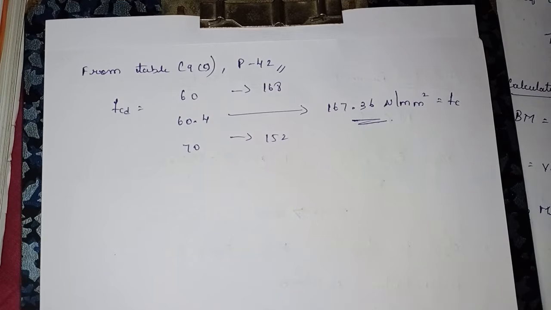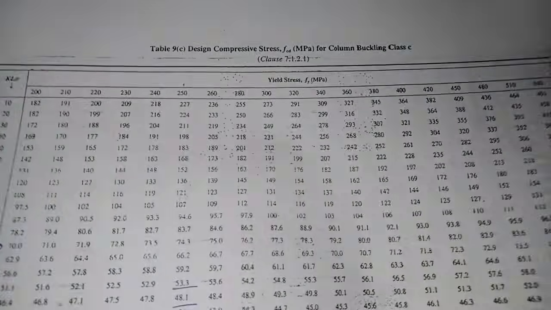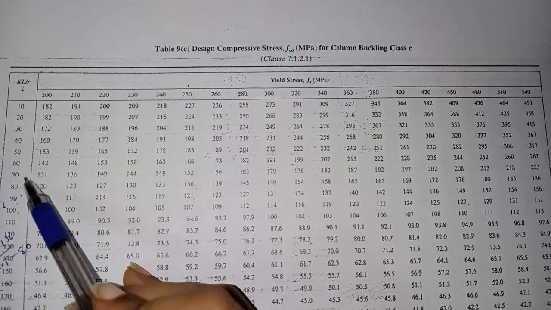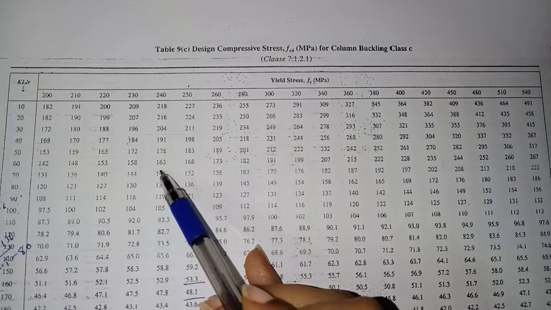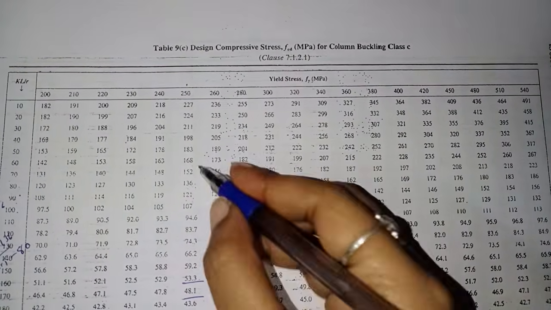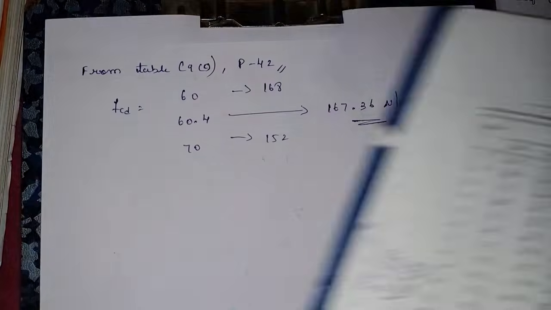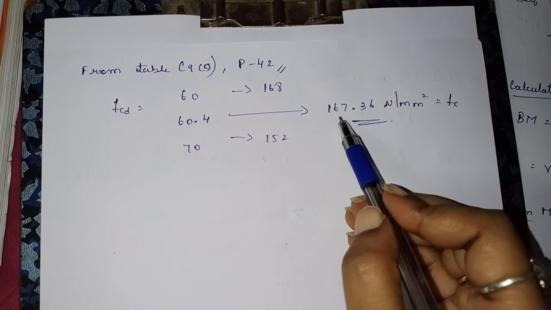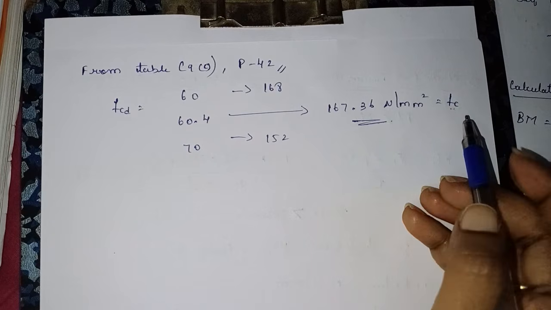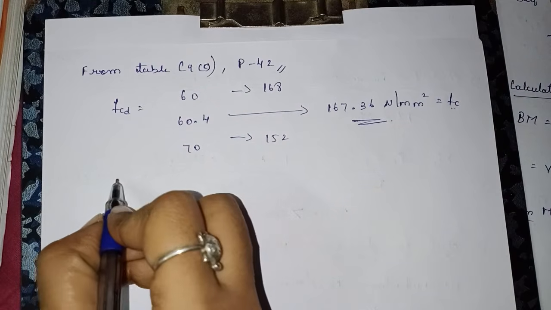Now fy is nothing but 250, right? If you go to table number 9C, for 60.4 you will get values as 168 and 152. Interpolate between these two values, and you will get 167.36 Newton per mm square, and that is fc. So now you know what fc is, right?